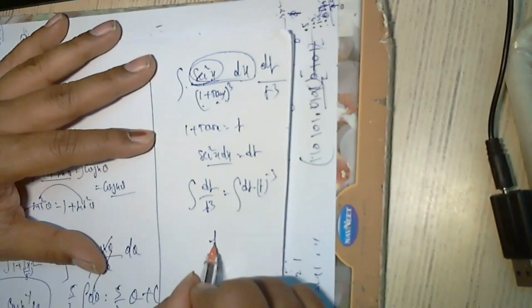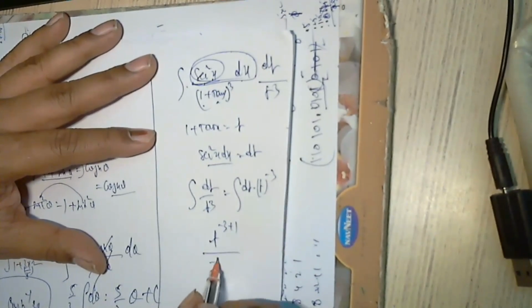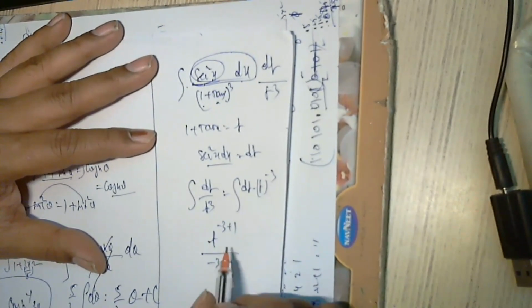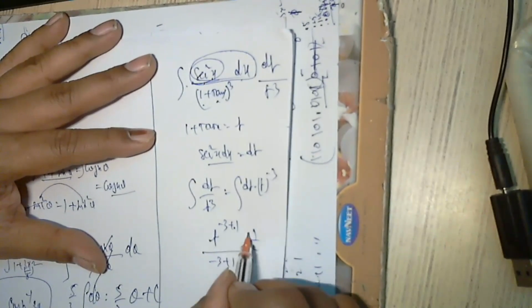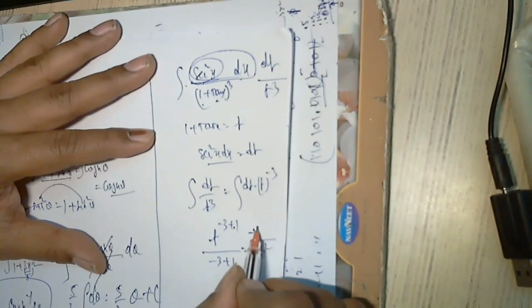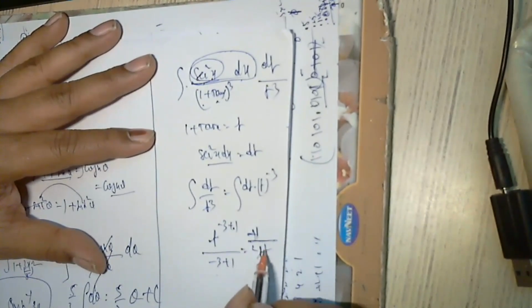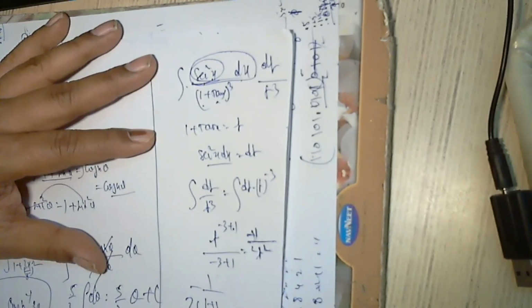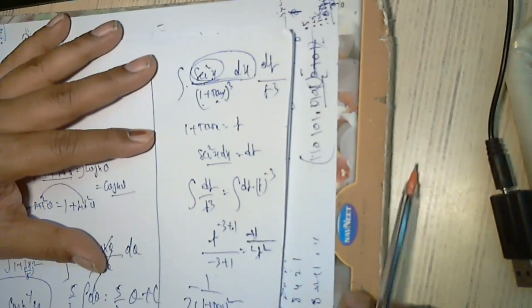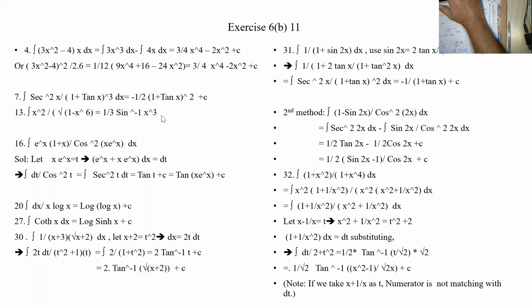So t to the power of minus 3 plus 1 by minus 3 plus 1. That is t to the power of minus 2, minus 1 by 2 t square. That is minus 1 by 2 into 1 plus tan x whole square. So the same thing we can see here: minus 1 by 2, 1 plus tan x whole square.